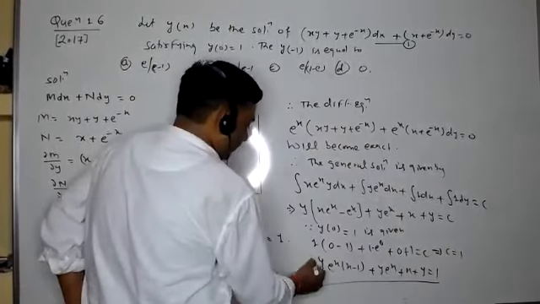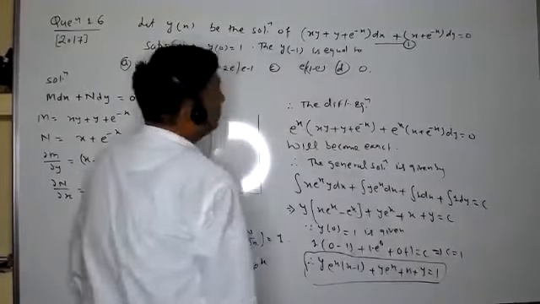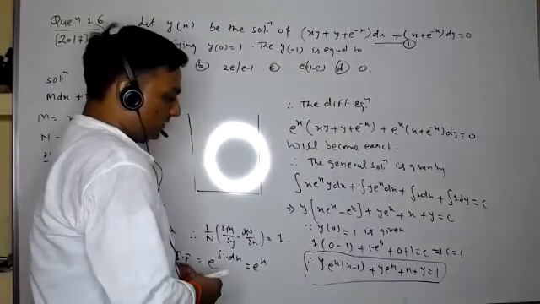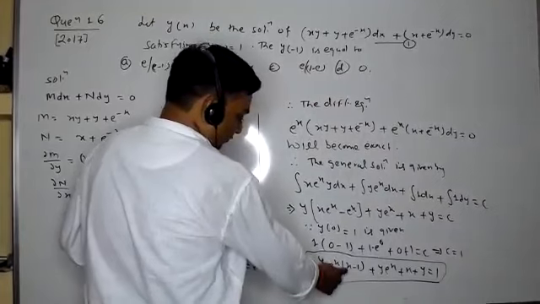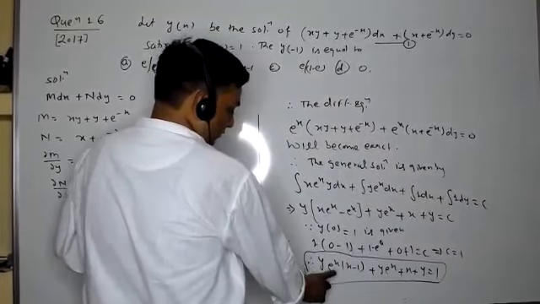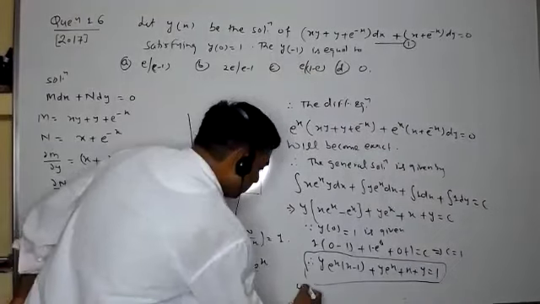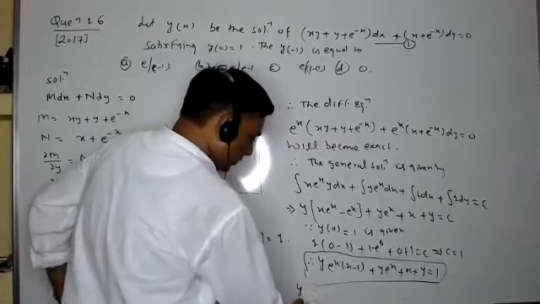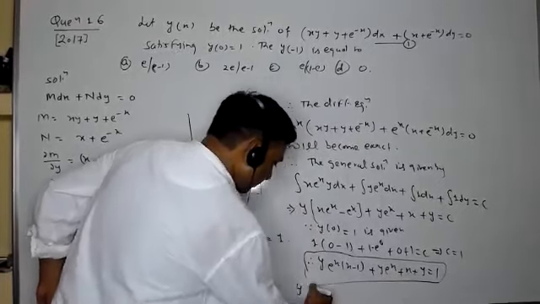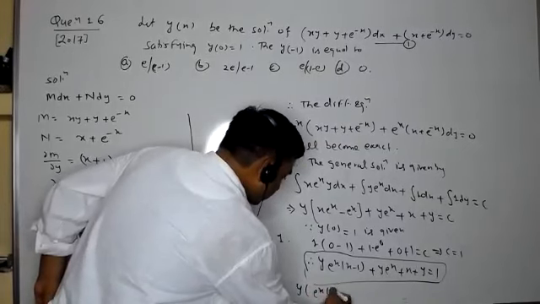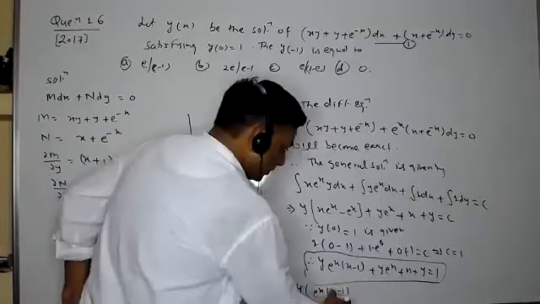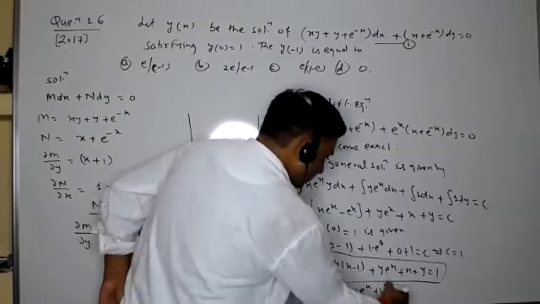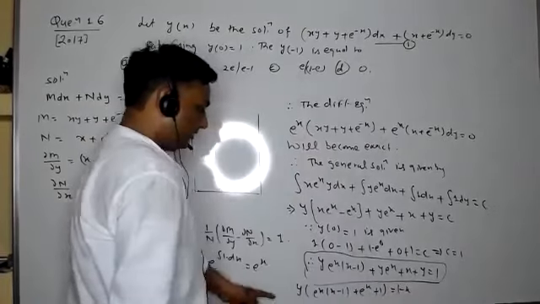Now we can check the value asked: y at minus 1. For x equals minus 1, I need the value of y. So y is 1 minus x e raised to the power x minus 1, taking y common, plus, equals 1 minus x.